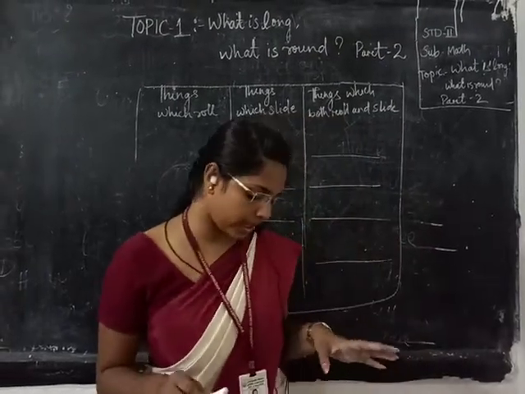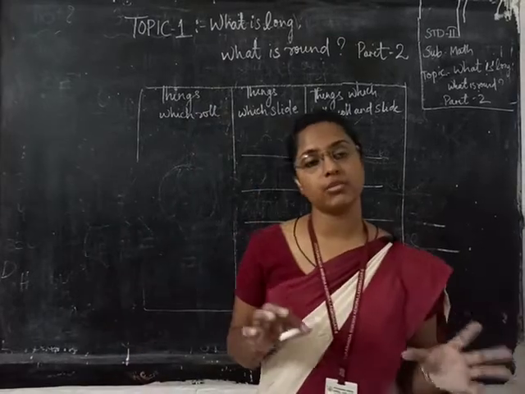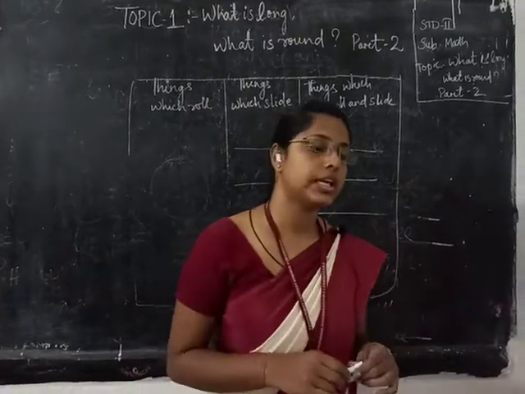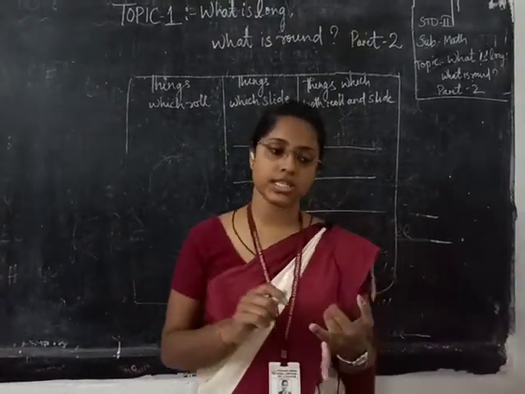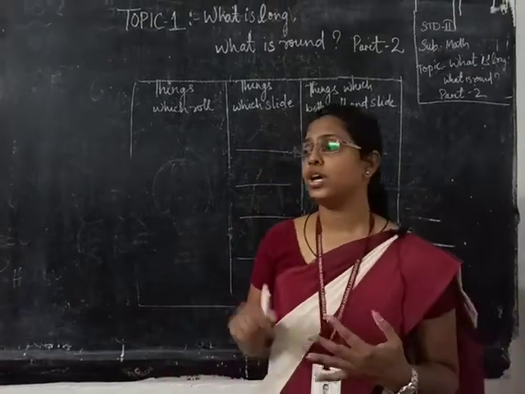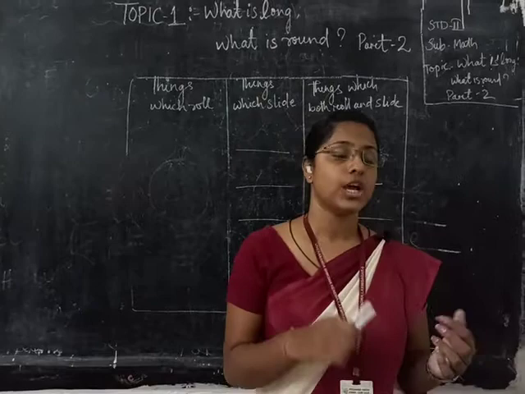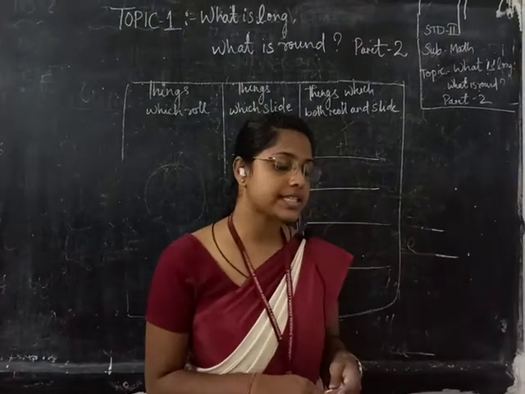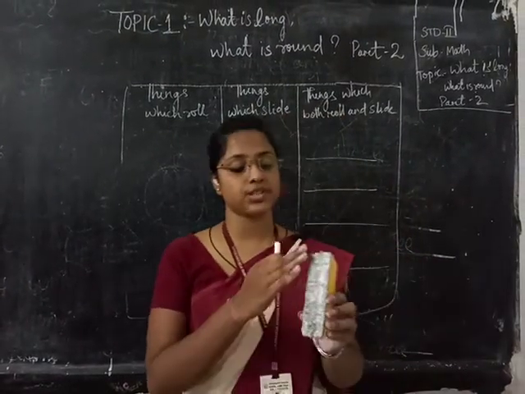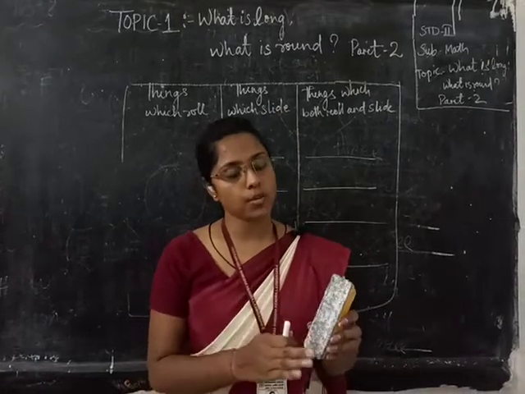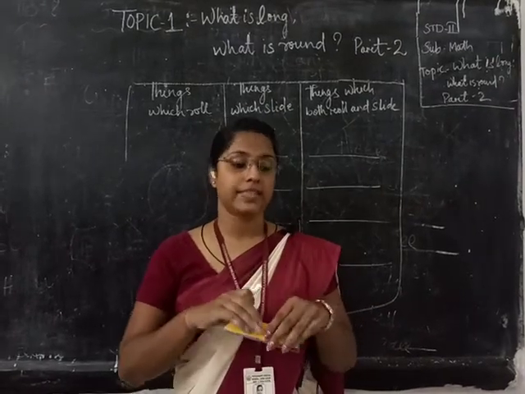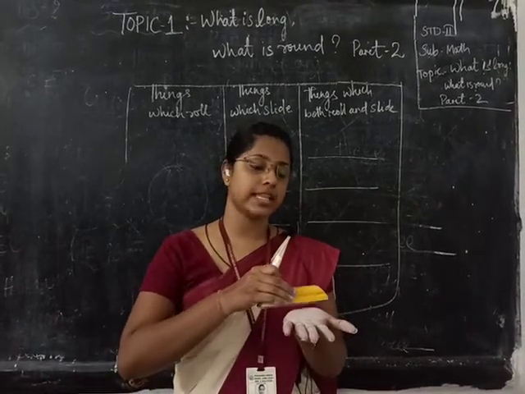That means you have read at home properly. So we know what is long and what is round. Now, how these long and round things roll and how they slide, we will read. Long objects which have a flat surface can slide down.